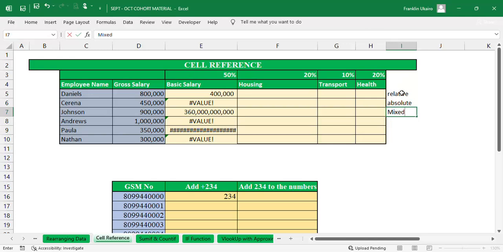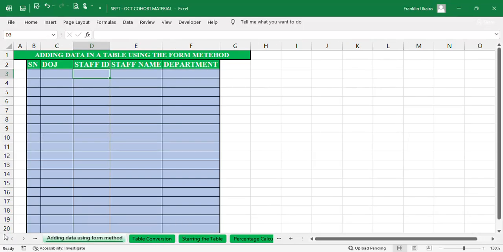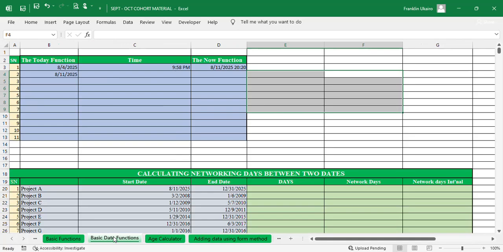Now, for relative cell reference, by way of definition, it is the cell reference that goes with the formula. It moves with the formula. What that means is, for instance, let me take us back a bit to the time we did this date place.